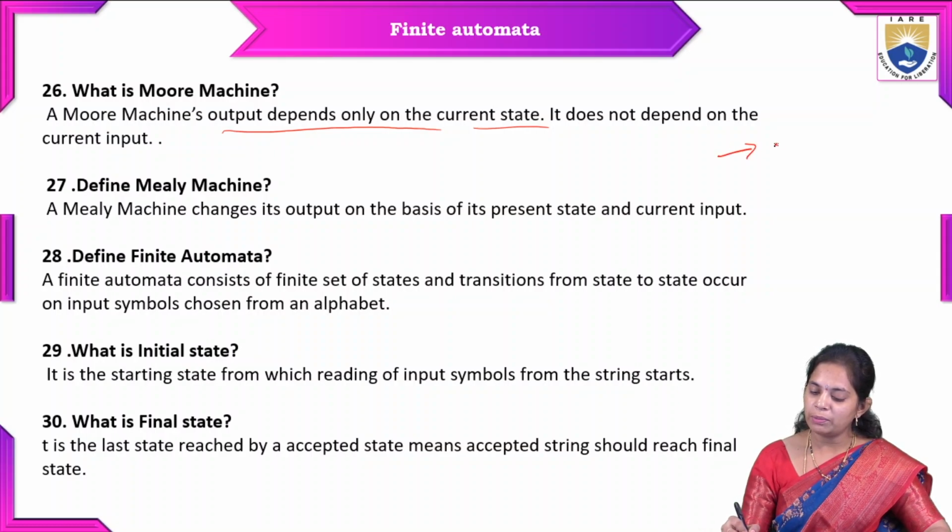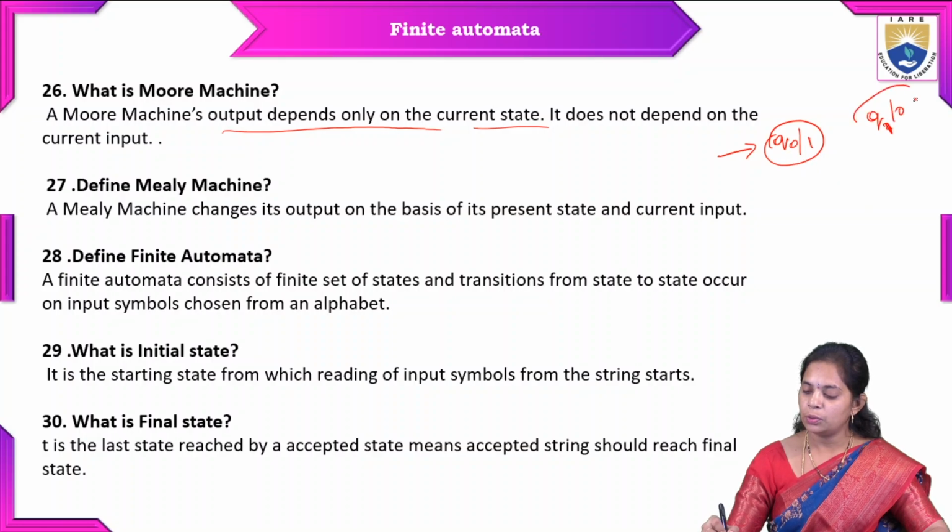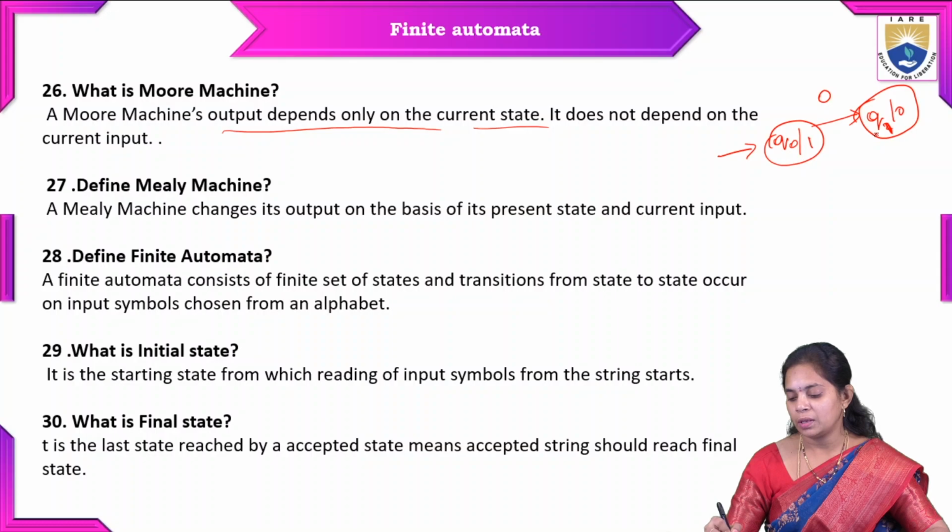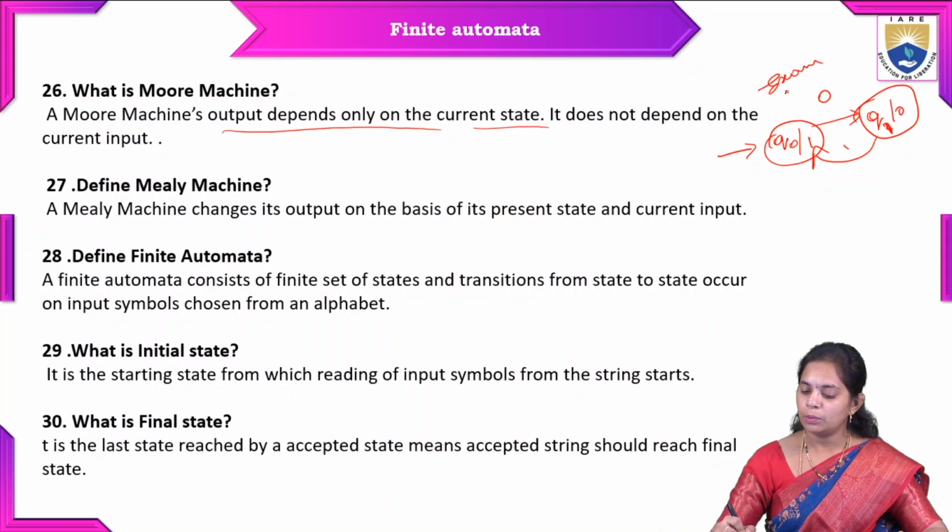In the Moore machine, the state itself has the output. If you take two states with two input symbols, there are two outputs, each with a single value. So this is just an example of a Moore machine.